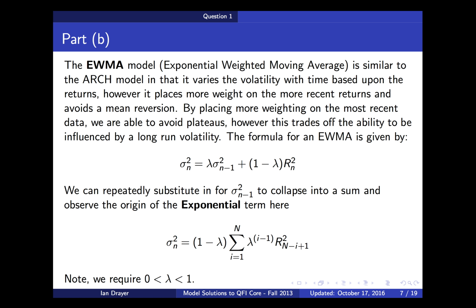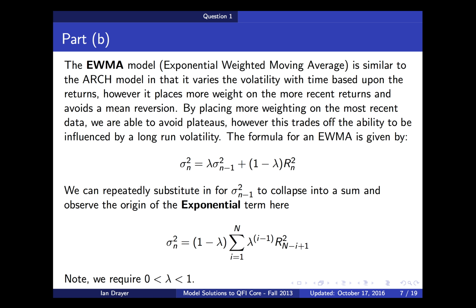We can repeatedly substitute in for sigma n minus 1 squared to collapse this term, and so we see the exponential term. We get out that the current predicted volatility is 1 minus lambda times the sum of lambda to the number of time periods in the past times the return some number of times in the past.